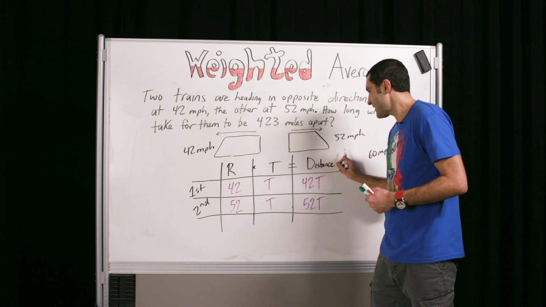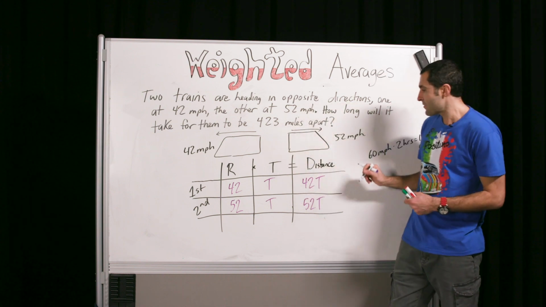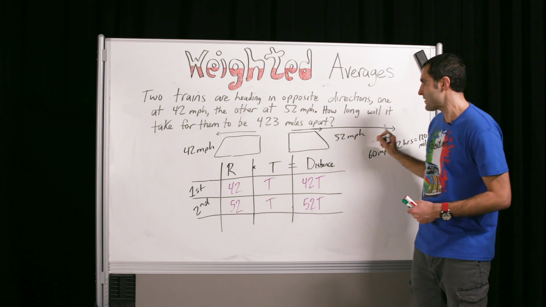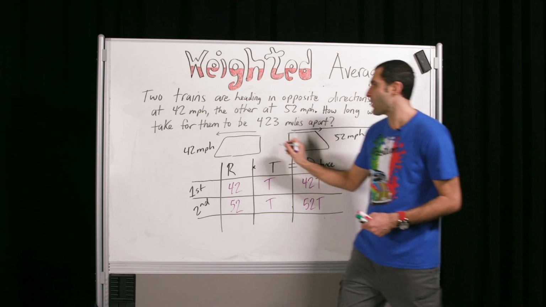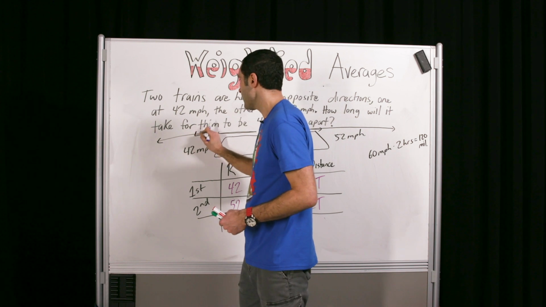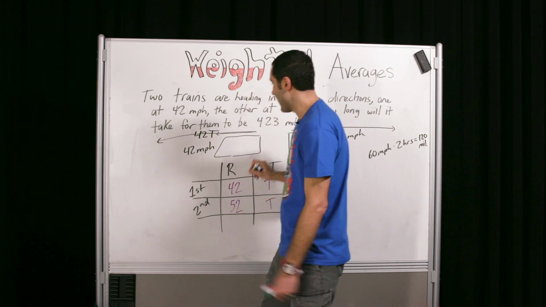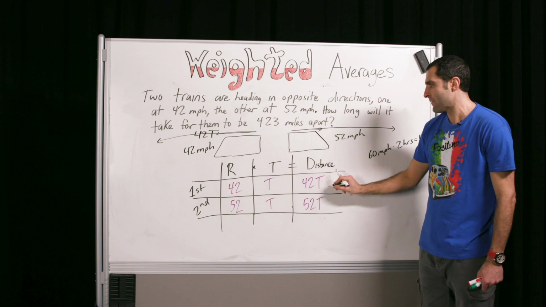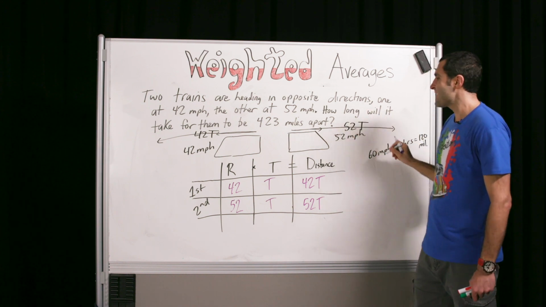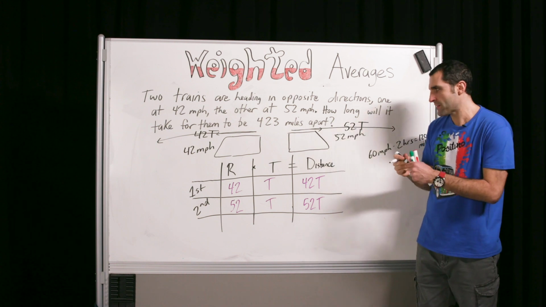This distance is measured in miles. 42t. That's the distance that the first train went. 52t. That's the distance that the second train went.